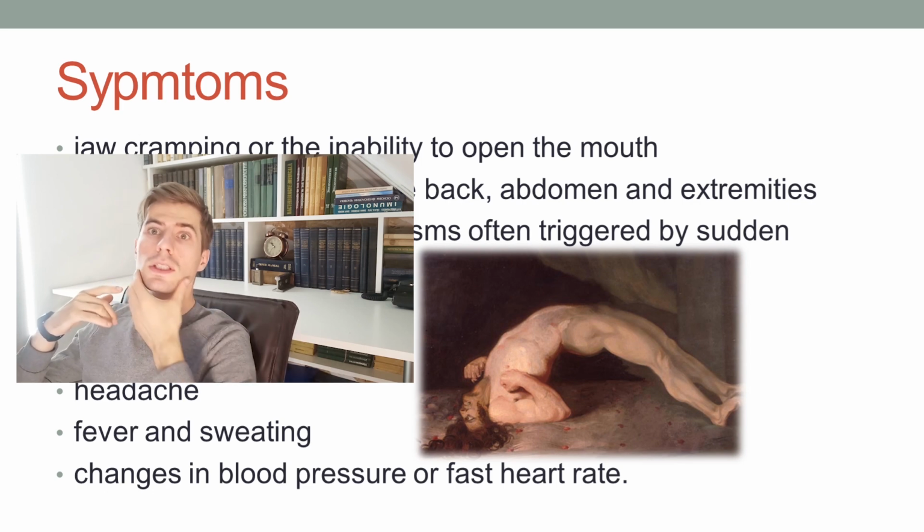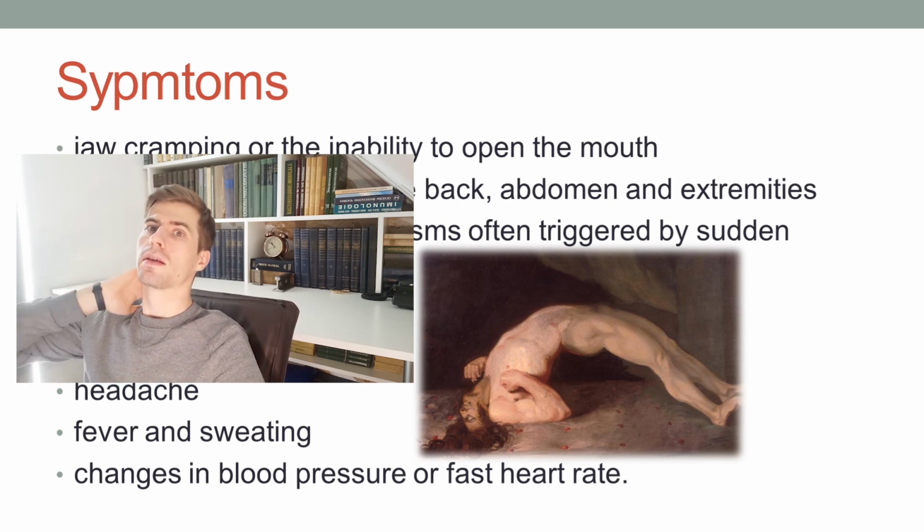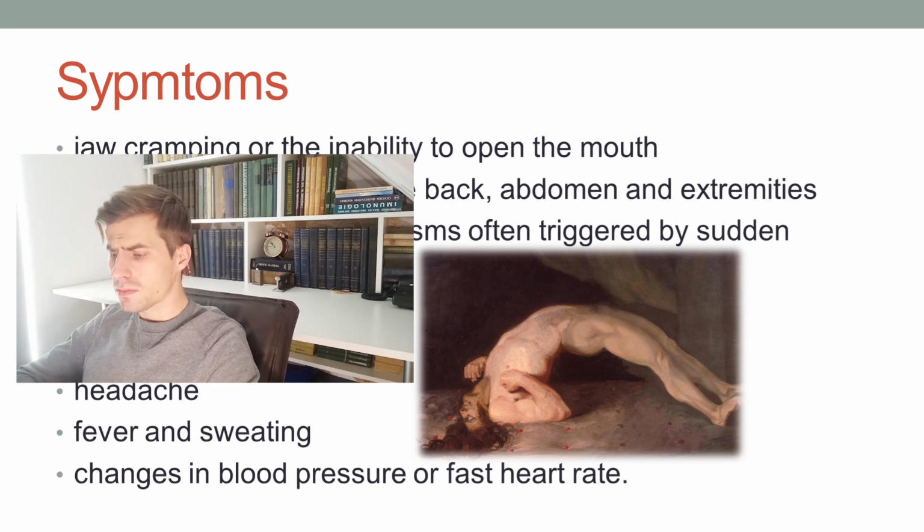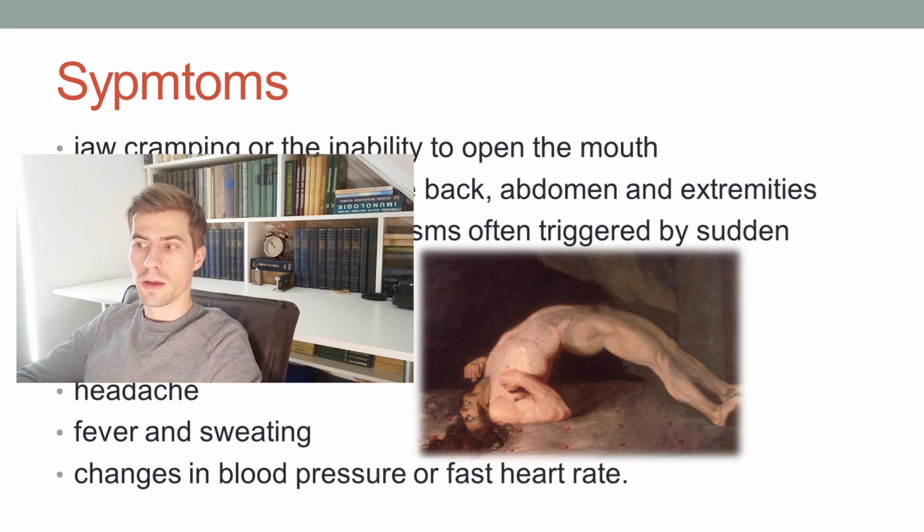So, for example, the person will not be able to open the mouth in order to talk, or the person will have a stiff neck. Sometimes you can confuse these symptoms with meningitis, in which you also have a stiff neck and muscular pain.